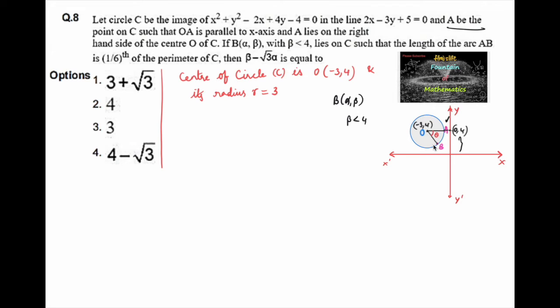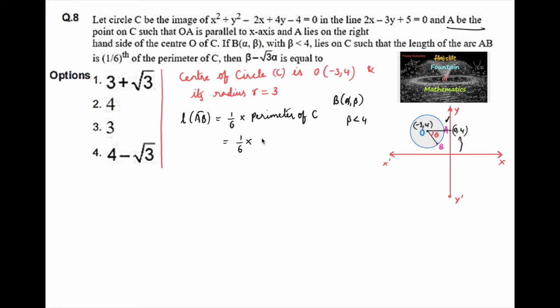So B should be below OA such that the length of the arc AB is equal to 1/6 of the perimeter of the circle C, that is circumference.